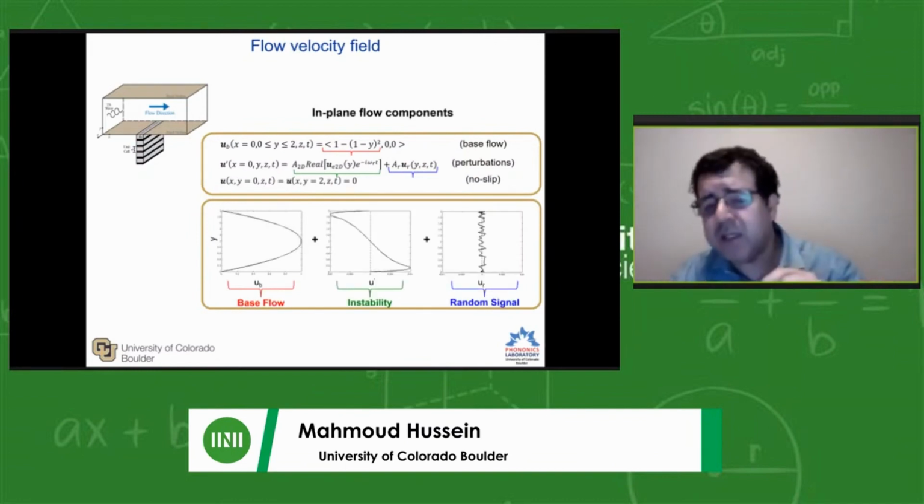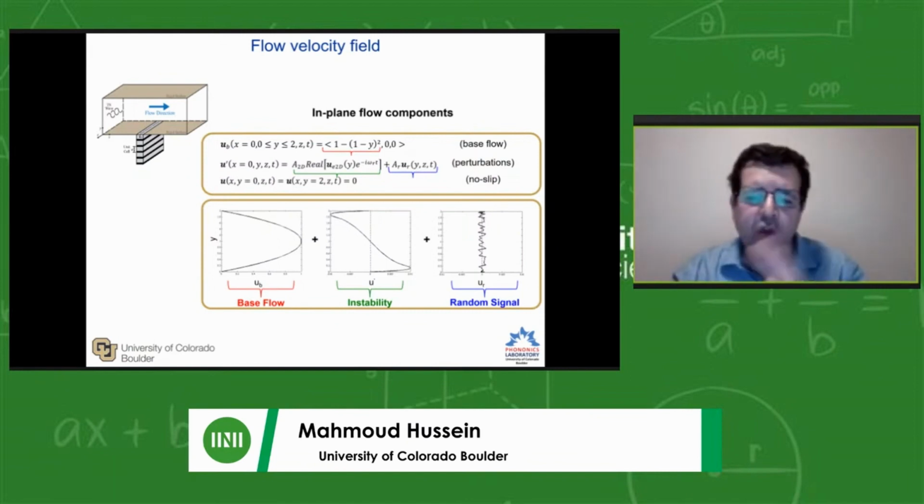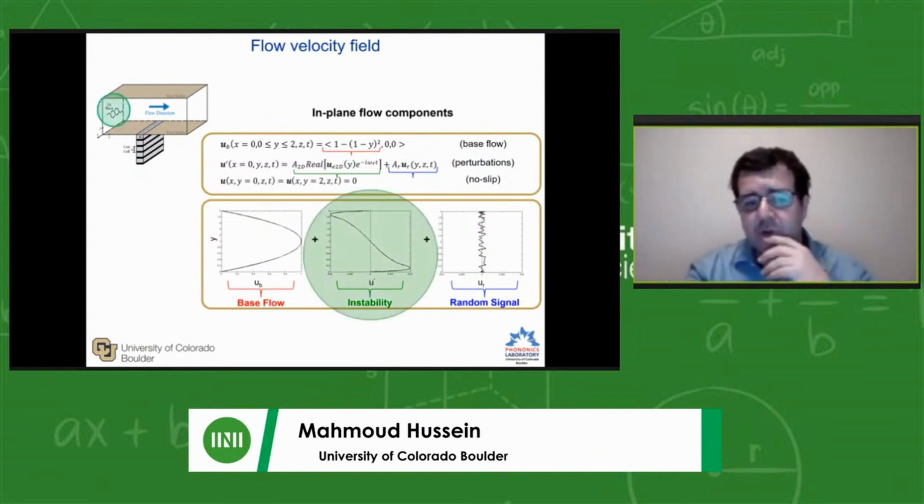We will separately solve the Orr-Sommerfeld problem, that is the linearized Navier-Stokes, to get the instability modes, as I showed you earlier. We'll select an unstable mode and apply it as part of the initial conditions. Then we're adding a random signal just to add more realism. So we construct that environment where we have an unstable wave traveling in a channel flow superimposed on a mean flow.